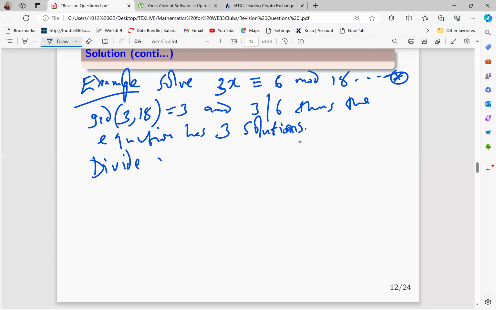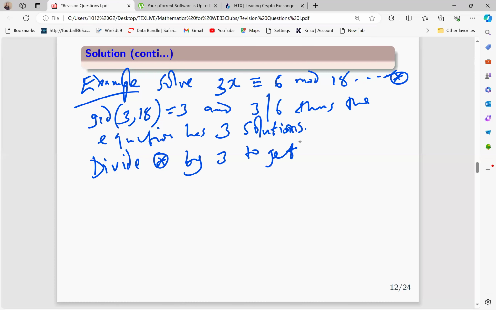There's no reversing. In fact, this one has no reversing. Go in with the value of X straight away, because X is just 2.